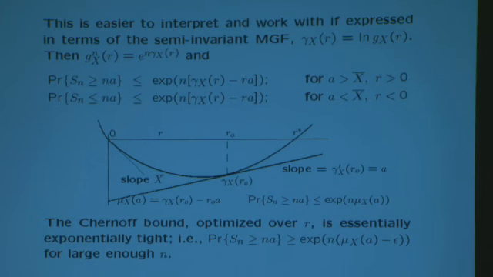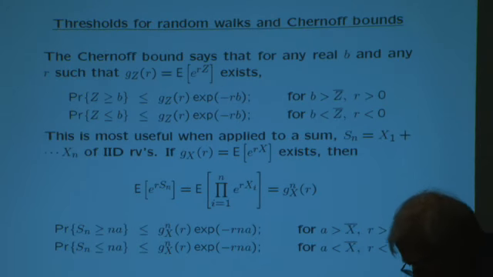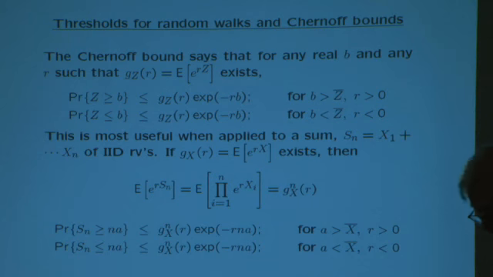This is easier to interpret and easier to work with if you take that product of terms, g of r to the nth power, and you visualize the logarithm of g_X. Then you get this quantity up here.